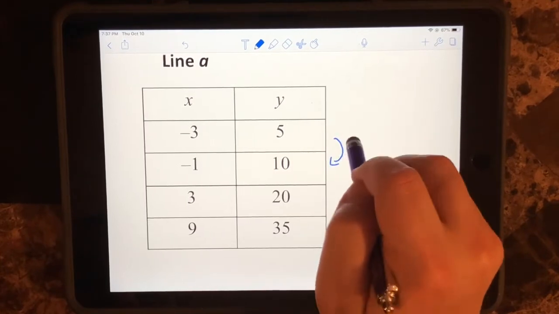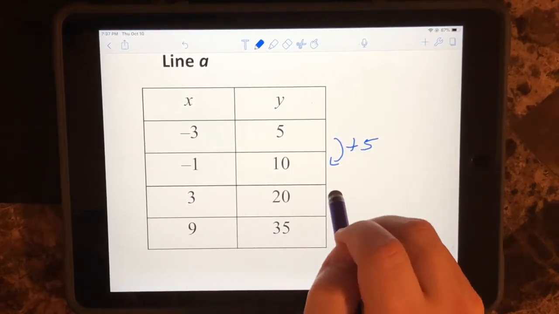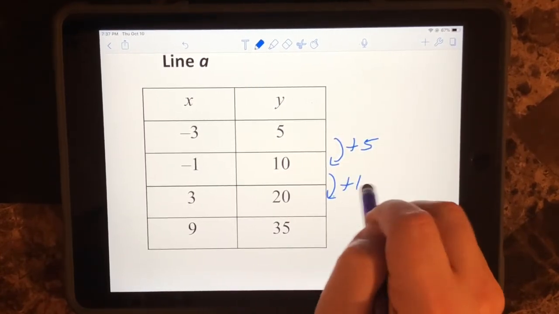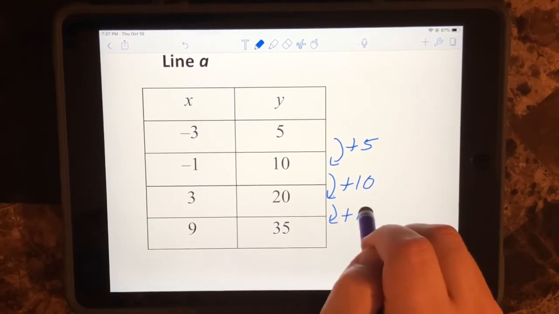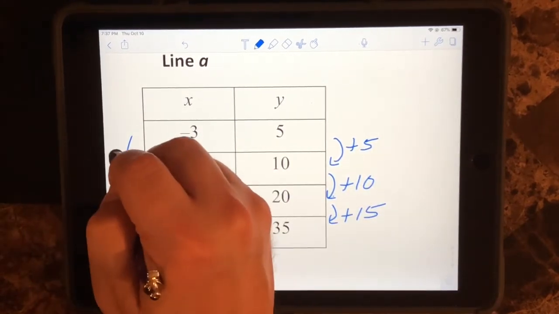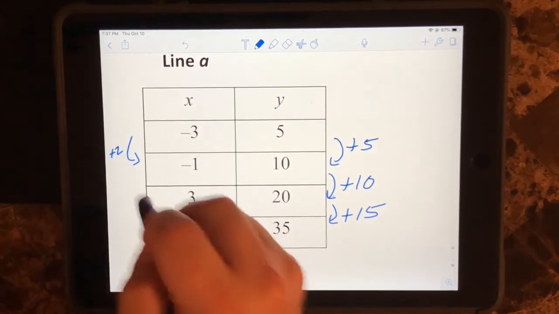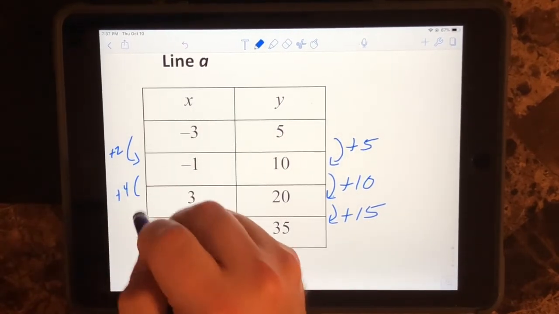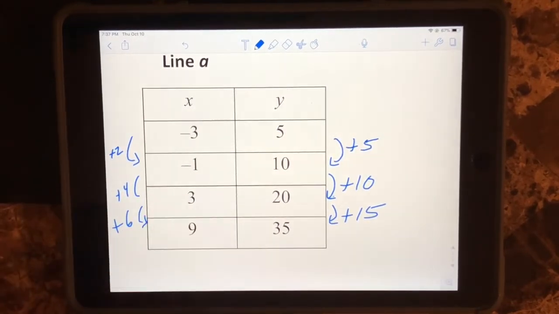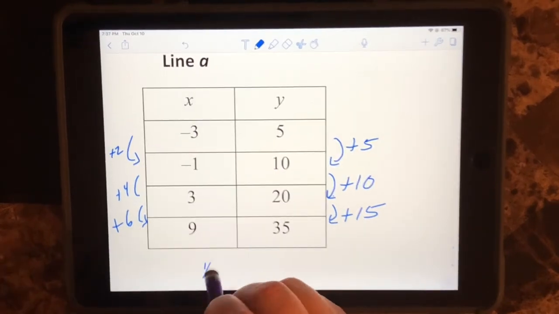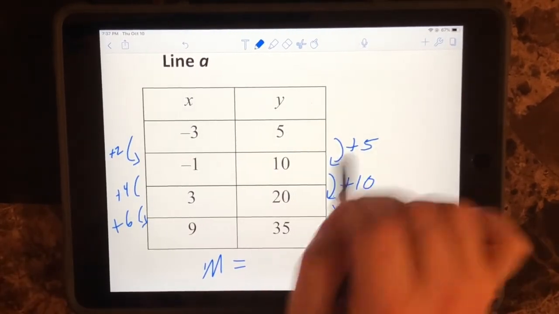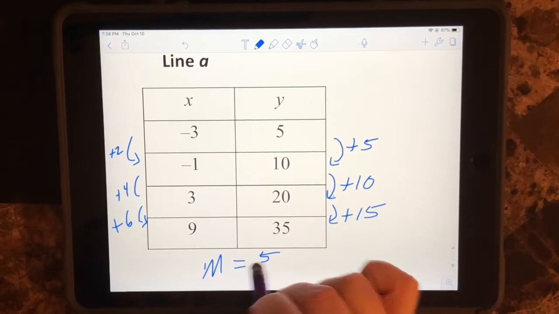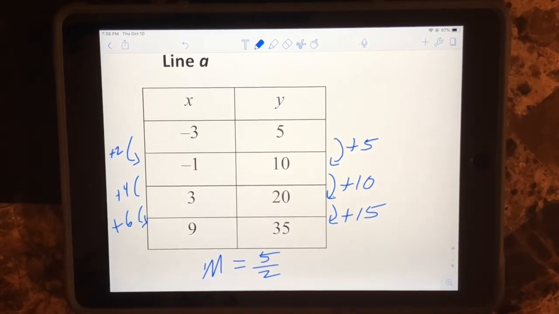So here we're adding 5. Here we added 10. Here we added 15. Here we added 2. Here we added 4. And here we added 6, which means the slope of this line is change in y over change in x.